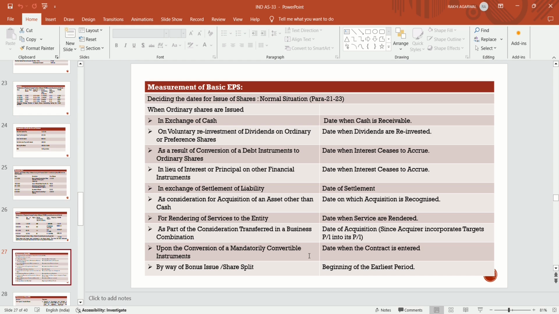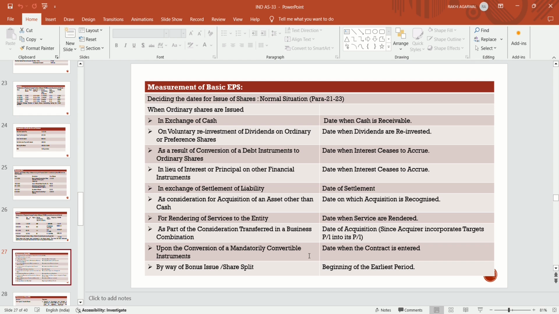On voluntary reinvestment of dividend on ordinary or preference shares, if they reinvest the dividend in shares, the date when dividends are reinvested into shares is to be taken.